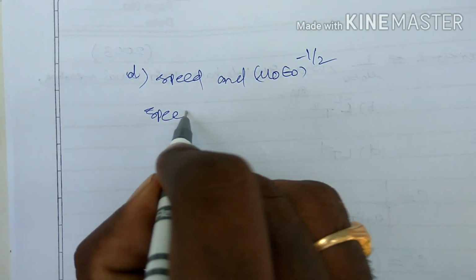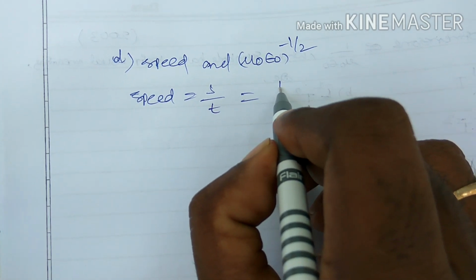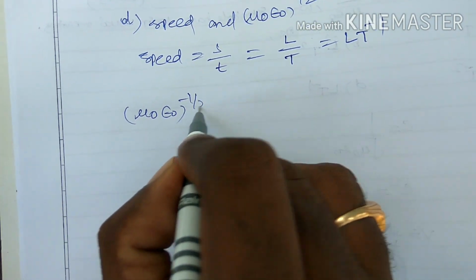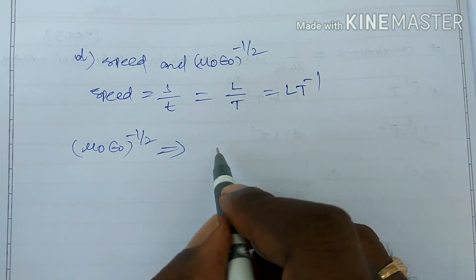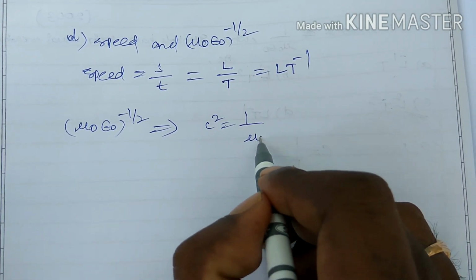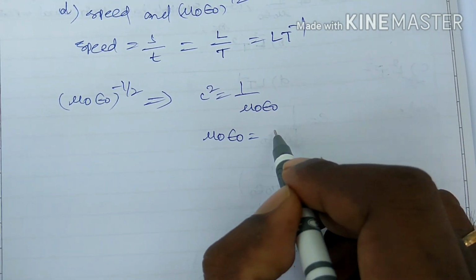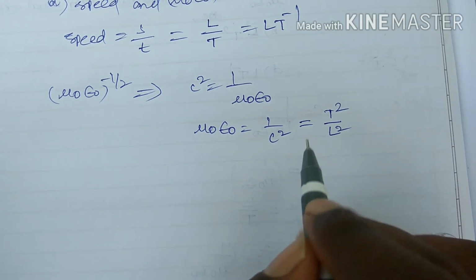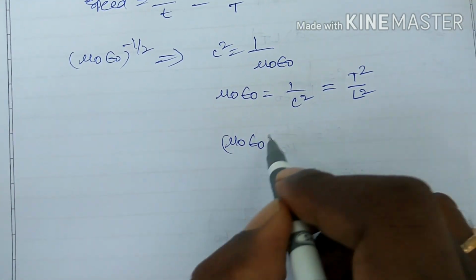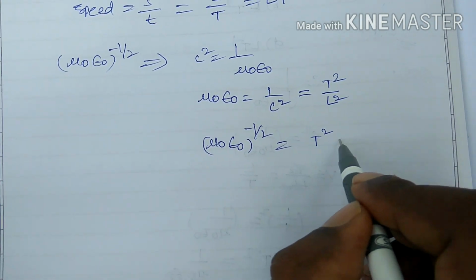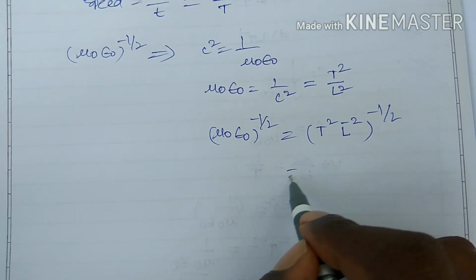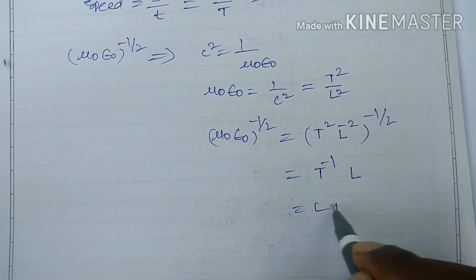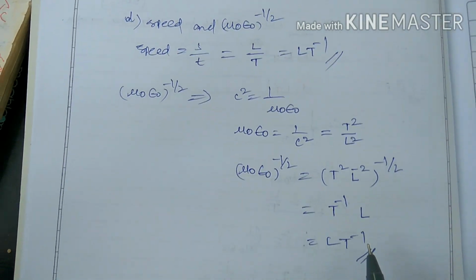Speed is equal to distance by time, s by t, that is L T^-1. For (mu naught epsilon naught) to the power minus 1 by 2, as we denoted in the previous question, c squared is equal to 1 by mu naught epsilon naught, so mu naught epsilon naught is 1 by c squared, that is T^2 by L^2. So (mu naught epsilon naught) to the power minus 1 by 2 is (T^2 L^-2) to the power minus 1 by 2, which is L T^-1.